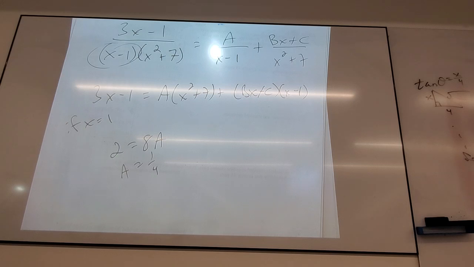So now we still have to do a little bit of the other way, but now I know a is 1/4, yes? There's a lot of different things I could do. I could start doing a system of equations, replace a with 1/4 and try to solve for b and c, correct?